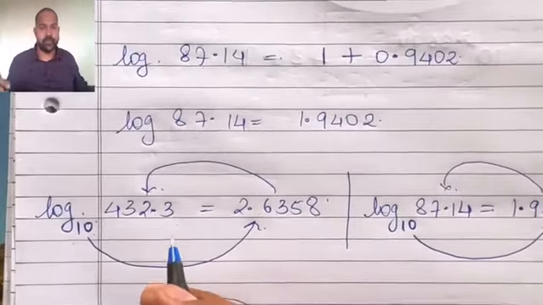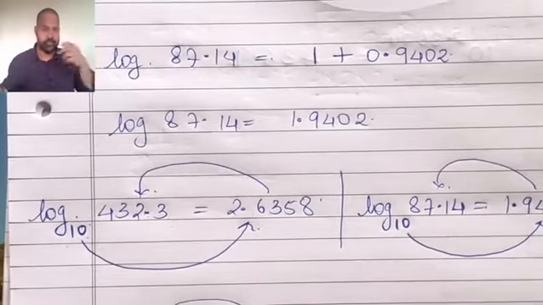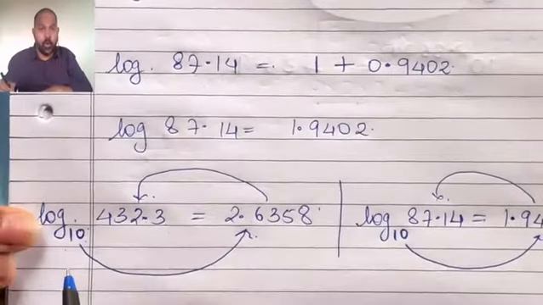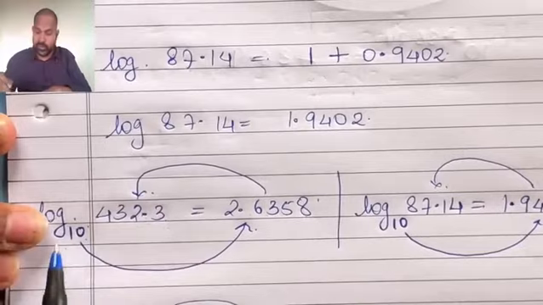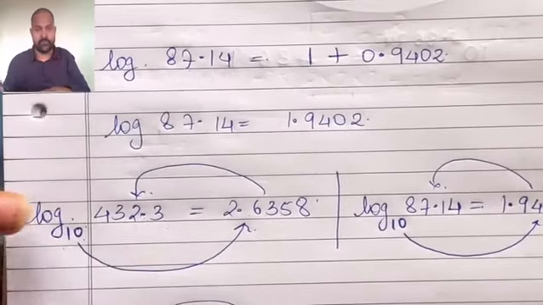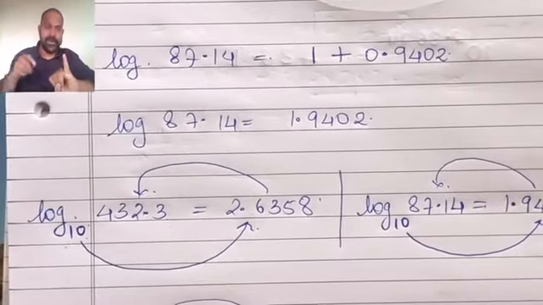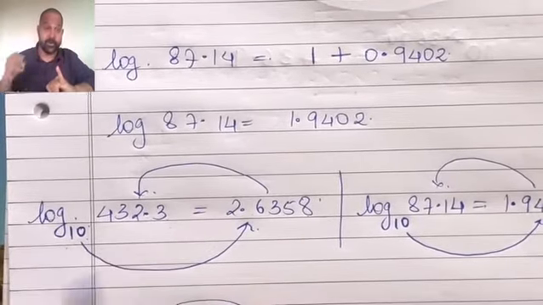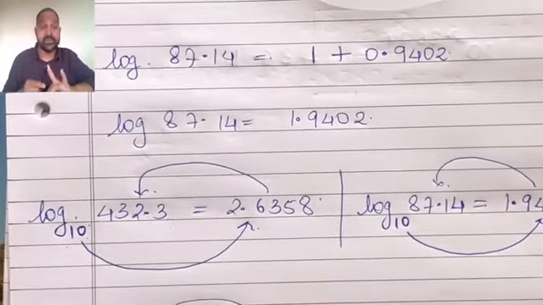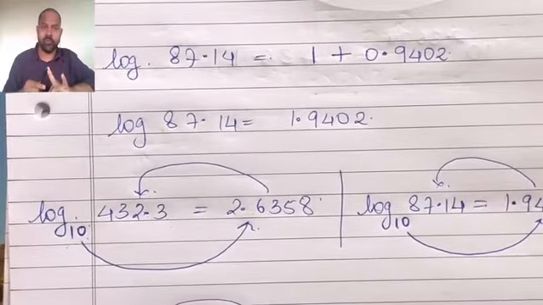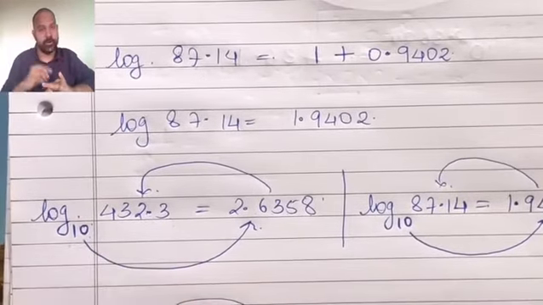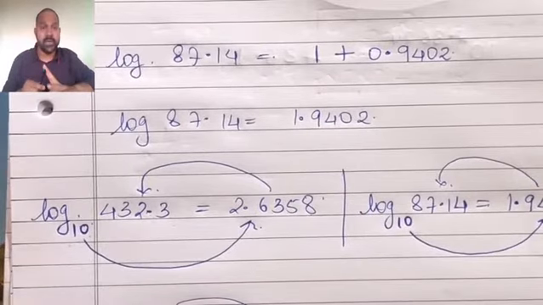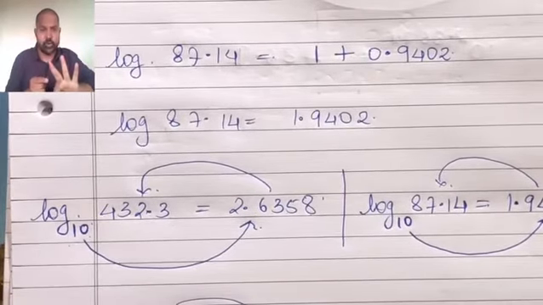So let me ask you a very basic common question. You are asking me what should be the power of 10 so that I get 432.3. So I'll tell you one thing. 10 raised to 1 is 10. No, I am looking for 432.3. 10 square is 100. No, I am looking for 432.3. 10 cube is 1000.